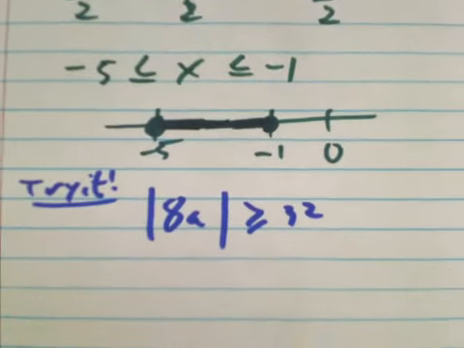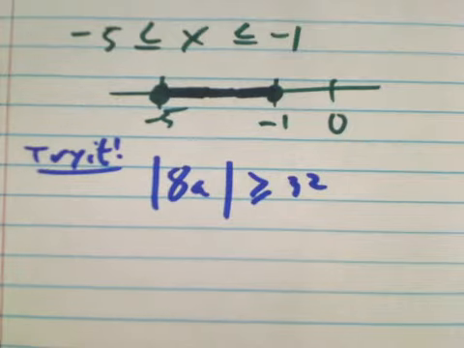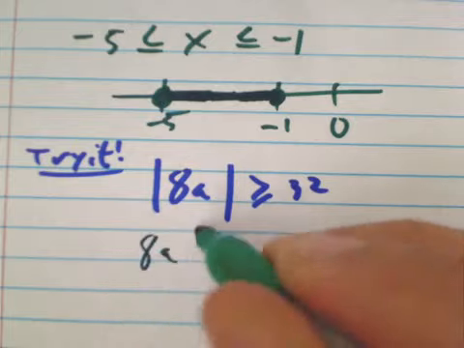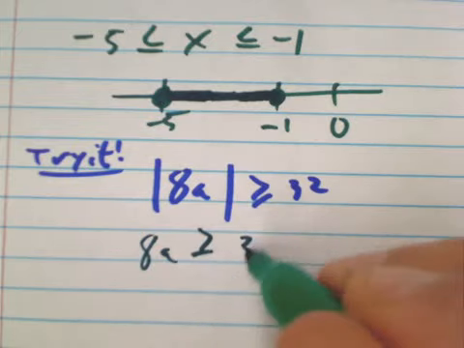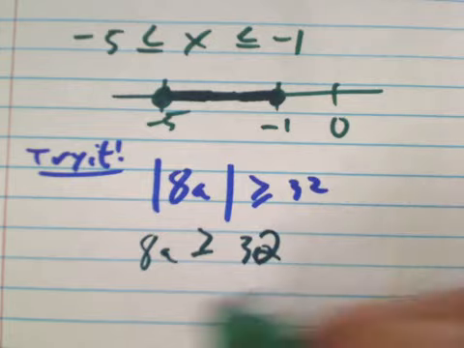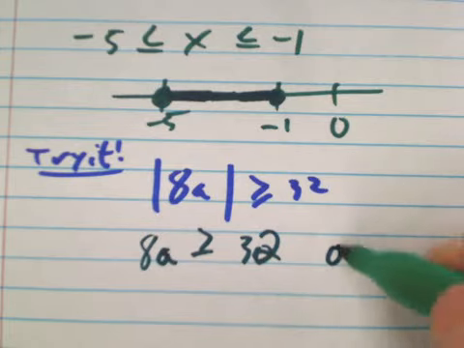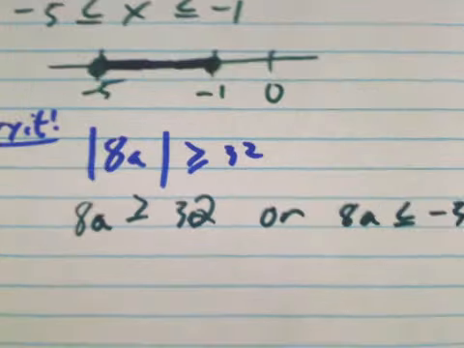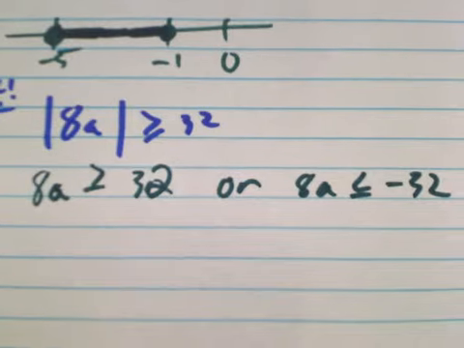For this next try, I'm actually going to start you off. So when you have an absolute value greater than a number, we're going to kind of do the same thing. 8a is greater than or equal to 32. Whoops. And this is going to become an or: 8a is less than or equal to negative 32. Okay?